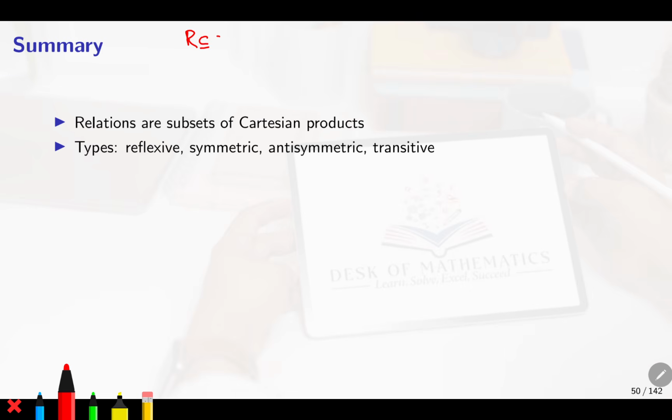defined on the set of positive integers to the set of positive integers. That is, one element is related to another element in the relation if x is greater than or equal to y. Show that it is a partial order relation.